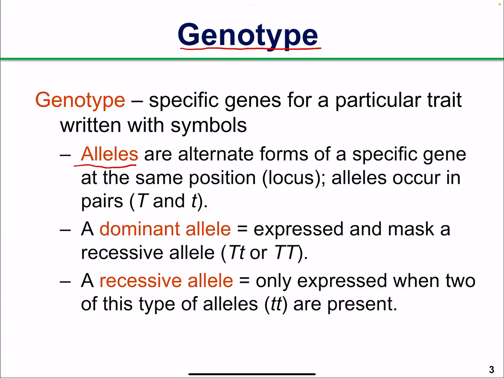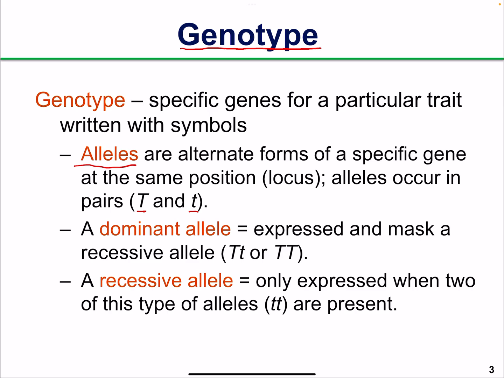Now, alleles always occur in two forms, right? For instance, here we can have, say, tall and short. Tall, capital T, representing the tall height, right? And lowercase t representing the short height, right?